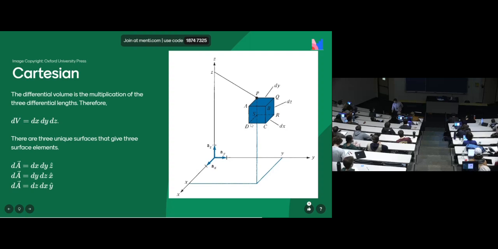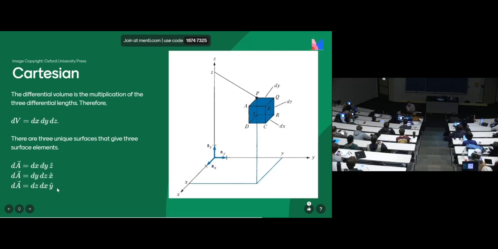The front face has a differential length of dy and a differential height of dz. So the front differential area is going to be dy dz in the x hat direction. The top face is going to be dx dy in the z hat direction, and the right face is going to be dz dx in the y direction.